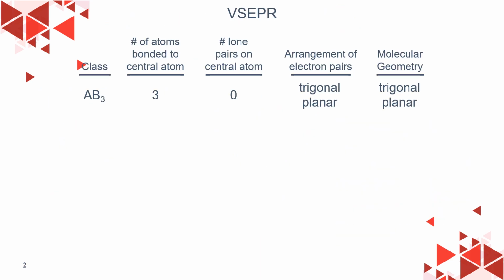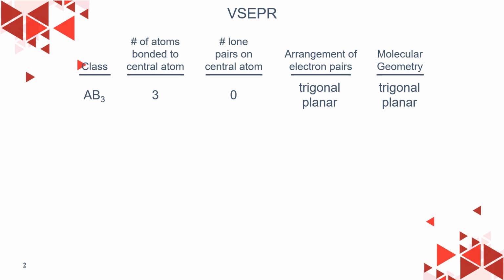Let's make a short summary in a diagram of VSEPR for every substance with and without lone pairs. You can see the similarity between them.